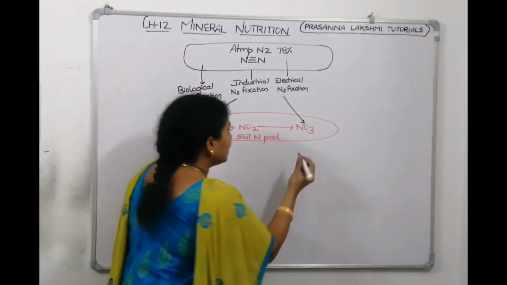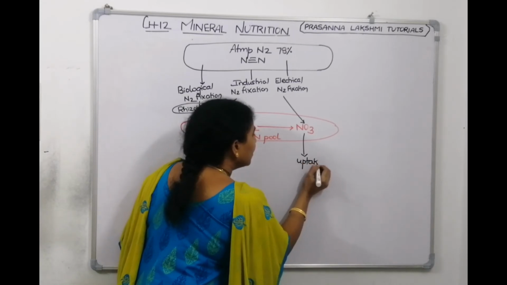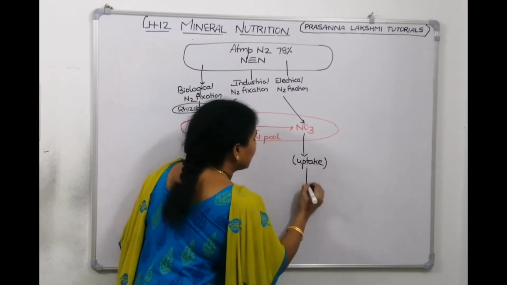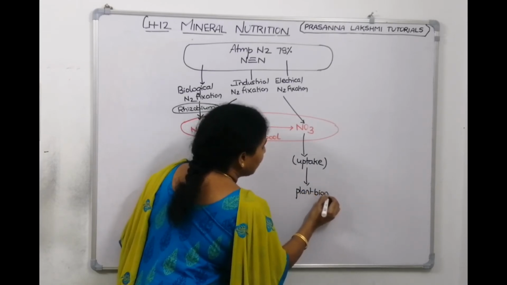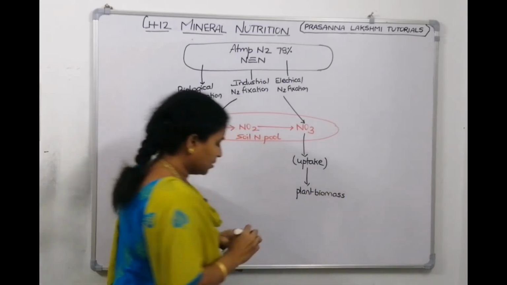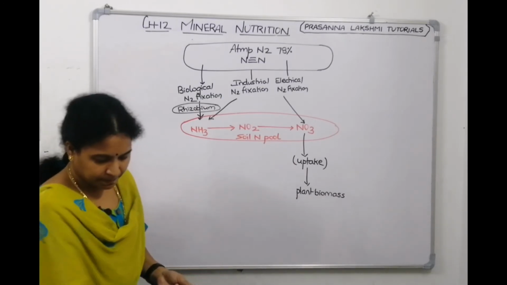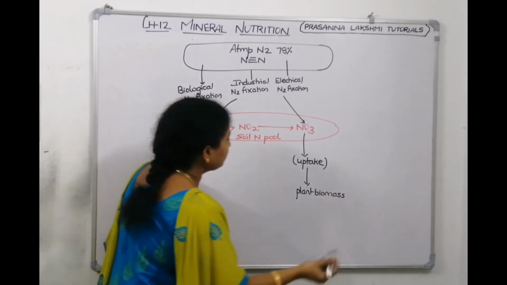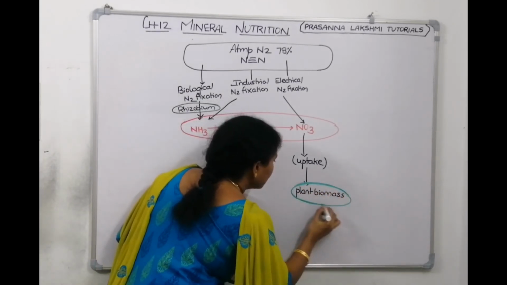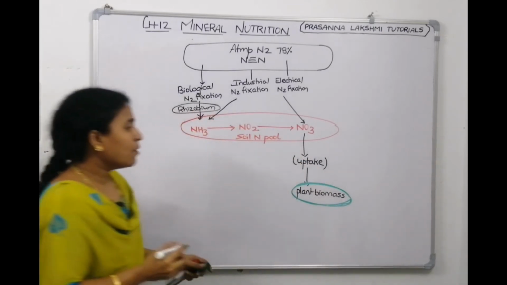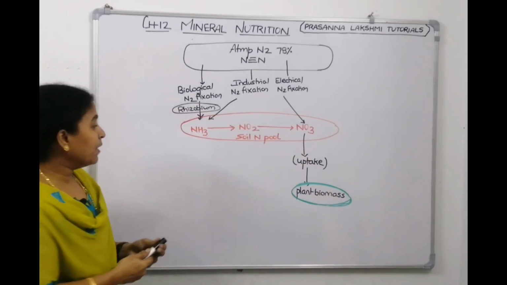So who will take up this nitrate? The plant will take it and build its biomass. Plant biomass, right children? I'm using green color since it is the plant. The plant will make biomass, the plant will be eaten by an animal, and the animal will grow now, right?